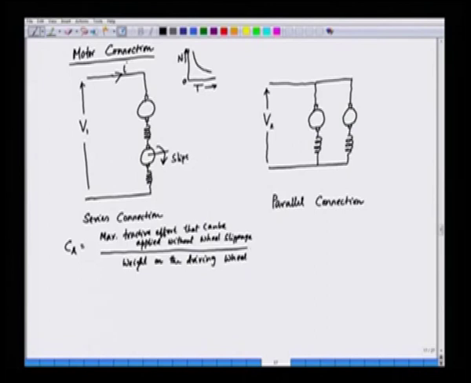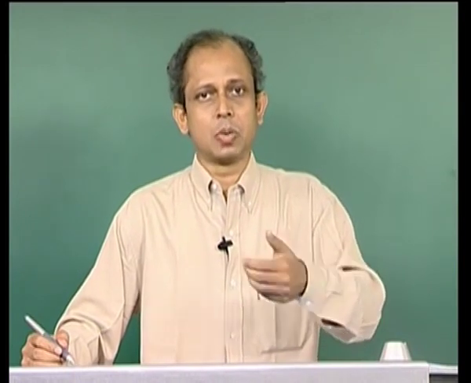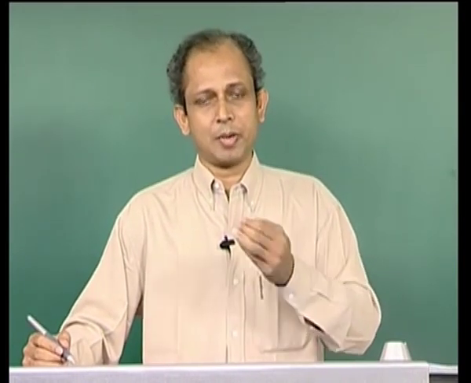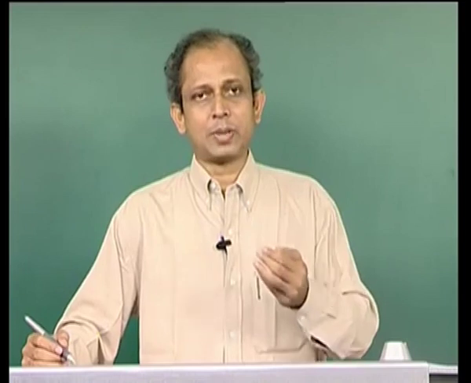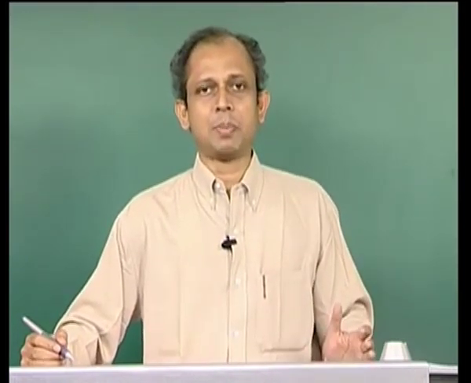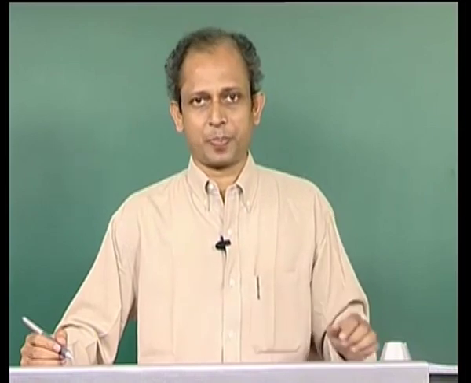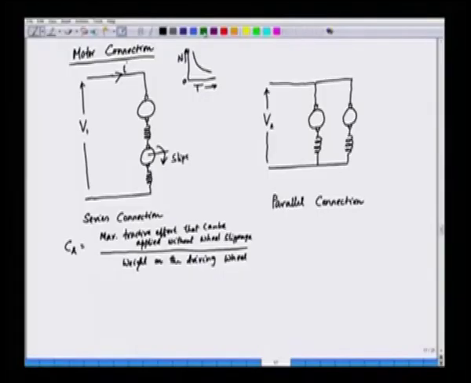CA, as per the definition, is basically a ratio. Now, if the wheel slips, both the torques are going to decrease, and hence we have a net reduction in the torque. And if we have a net reduction in the torque, we have a lower value of coefficient of adhesion for this connection. So, we can say that for series connection, CA is less.